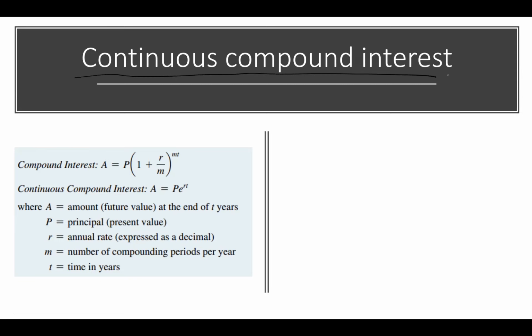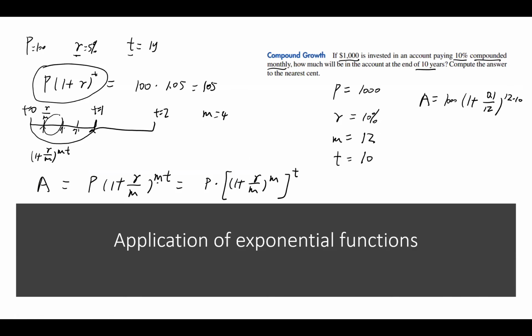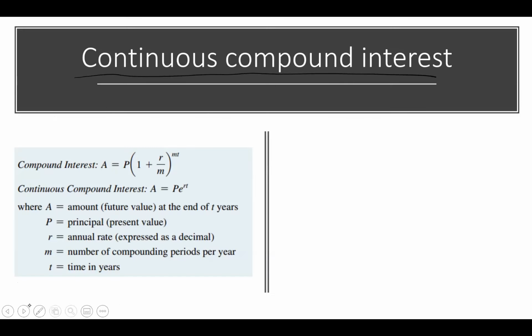So continuous means that for each compounding period, we squeeze it so that it is infinitely small, and it becomes continuously compounded, and the interest is reinvested in the same account to grow more interest. So that's the underlying working mechanism, and we would like to know how we get the formula, and that formula is here. Right, so this is a formula to calculate the future value of money.